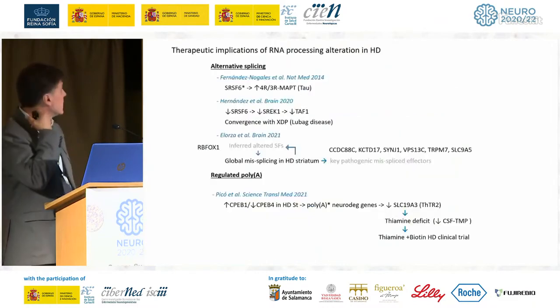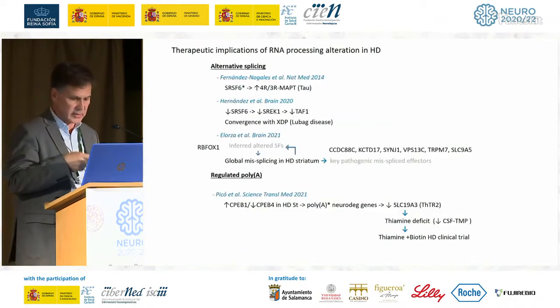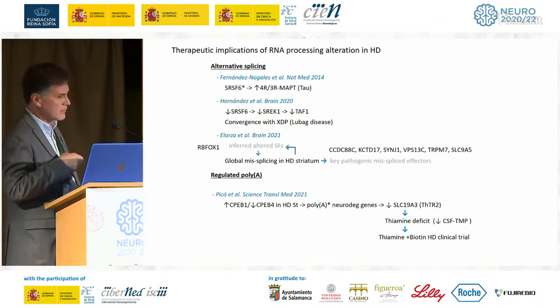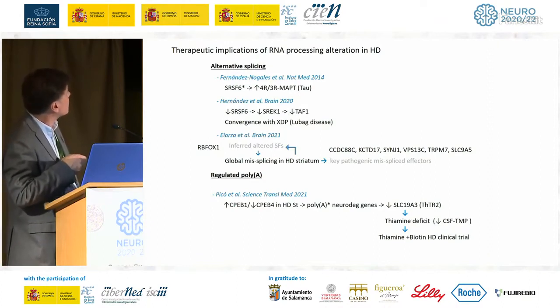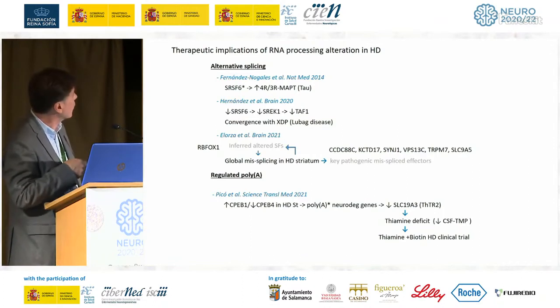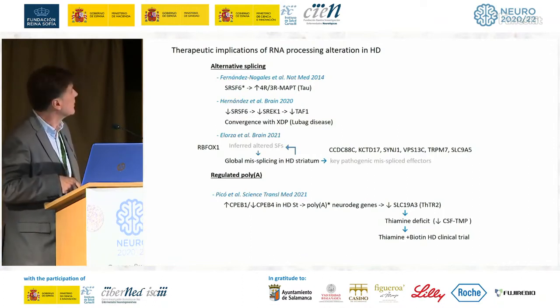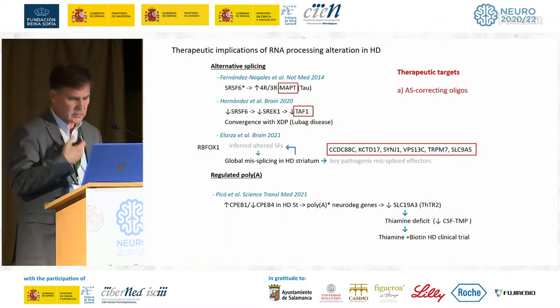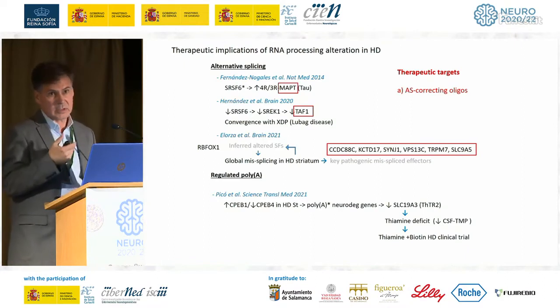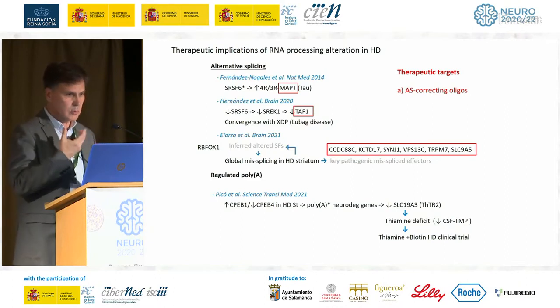And just as a summary for the therapeutic implications of the work I've presented today, I would like to remind you that we have found in the past an alteration of tau splicing. More recently, we found an alteration of TAP1, and also all these candidate effector genes that are amenable for correction through a technology that is alternative splicing correcting oligos, similar to the silencing oligos that are so trendy as a way to cure Huntington's disease.